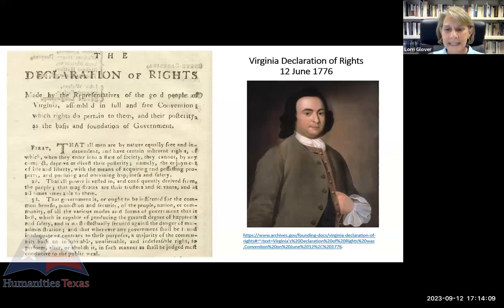I'm dropping in links on many of these slides in the hope that you might gain access to more materials for your own teaching. So if you want to look back through the slides, this is the first one that has a link to a document. So the Virginia Declaration of Rights, again, crafted by George Mason in 1776.